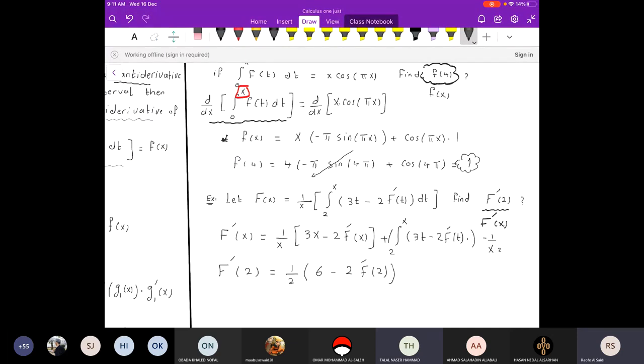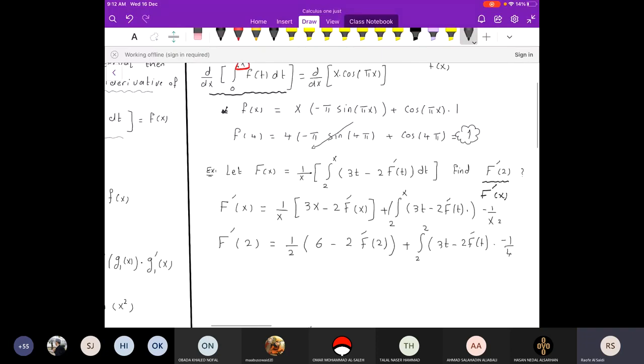The other term becomes zero: the integral from 2 to 2 of (3t minus 2 f prime of t) times minus 1 over 4, so this term equals 0.